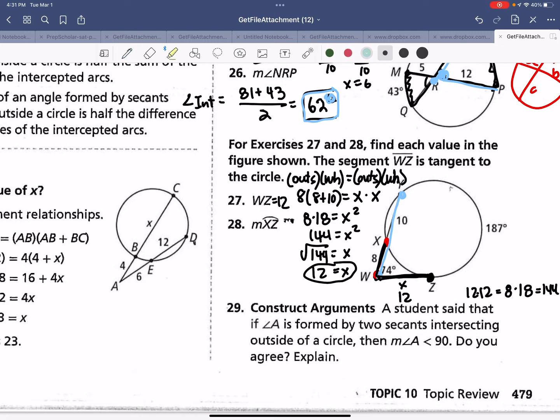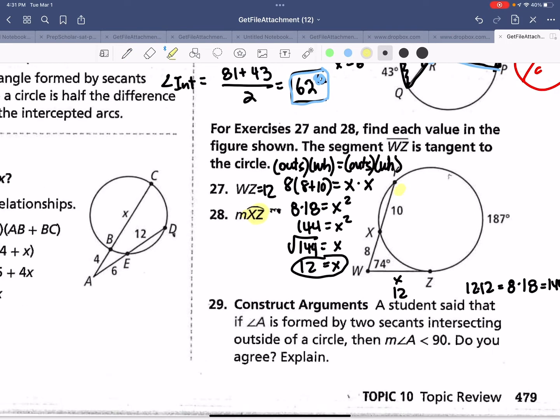All right, what is the measure of arc XZ? I might have to erase some of this to really be able to see what I'm doing here. So I have this, right?